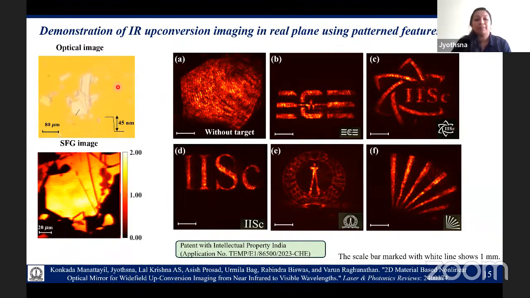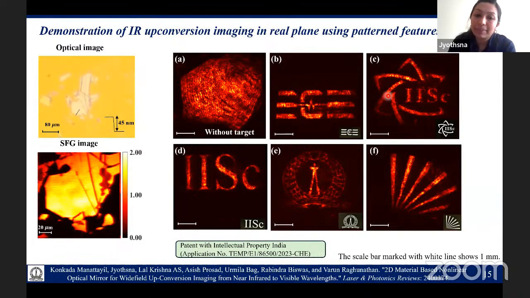So this was the optical image of the transferred flake, where you can see a very uniform region in which the flake was transferred, and the thickness of the flake was measured as 45 nanometer with AFM. And this is the SFG image of the flake. This is the scanned image of the flake, and this shows the converted image without any target in the path.